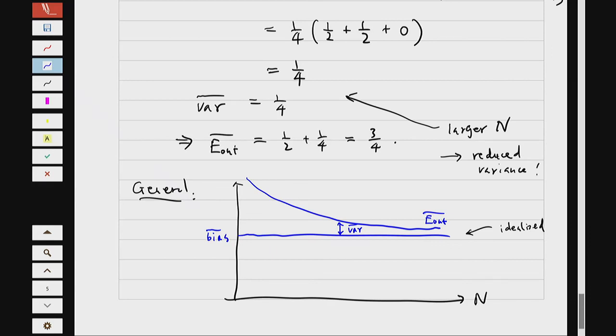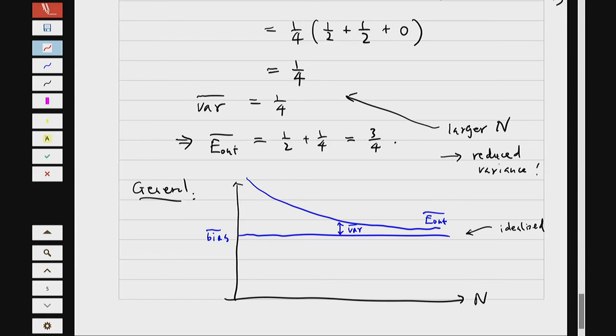Now suppose I have a bigger hypothesis set than the blue one. Where do you think the bias is? So suppose this is for one hypothesis set, one learning model, say a linear model or constant model. I have another, more sophisticated learning model.